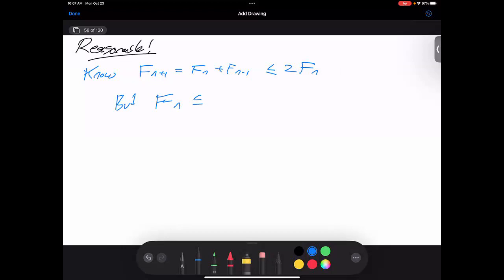Right, so we just showed f_{n+1} was at most twice f_n. We showed that f_{n+1} was at most twice the term before it. So what's true about f_n? At most twice the term before. So how would you say that mathematically?